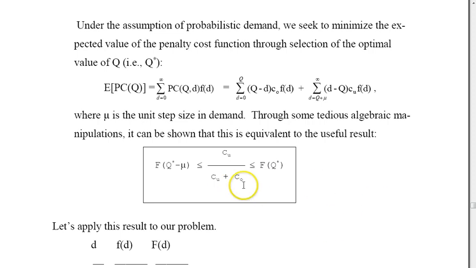And so this allows me to find the optimal Q star. The way we do that is first we compute this value, which in our case is understocking, 100 over 100 plus 50, so that's 100 over 150, or 2/3.